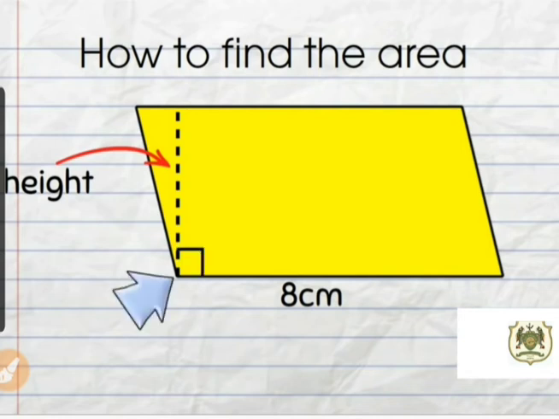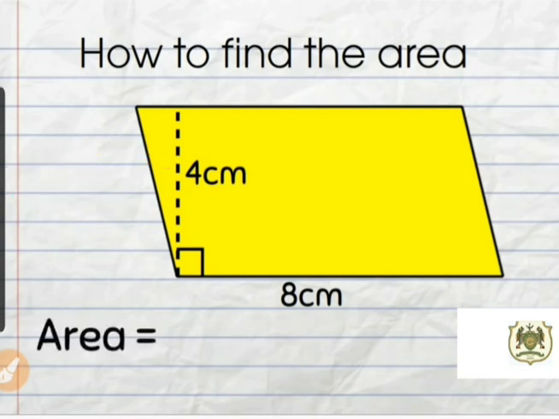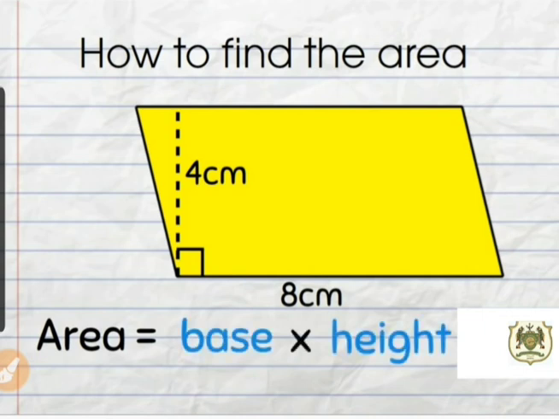Since it is making the right angle, which is the property of a rectangle, I am going to get the area of my parallelogram by multiplying base into height. So I can write over here area is equal to base into height, which is 4 into 8, 32 centimeter square.